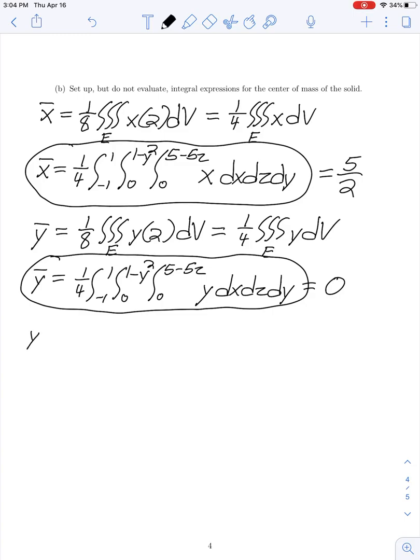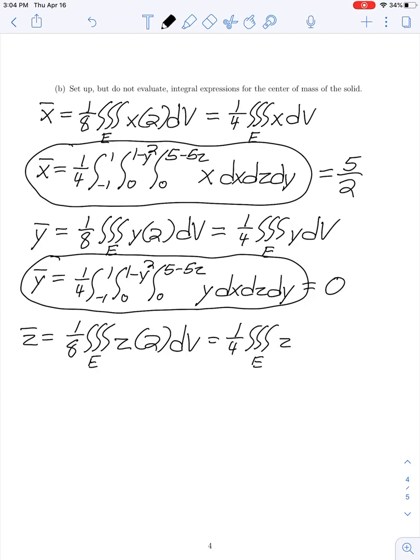And our last coordinate for the center of mass, z bar, is given by 1 over the mass, so 1/8, times the triple integral over the region E of z times our density function, which was 2. So in a similar way, we have 1/4 the triple integral over E of z dv, or setting it up as an iterated integral, 1/4 integral from -1 to 1, 0 to 1 minus y squared, and 0 to 5 minus 5z.